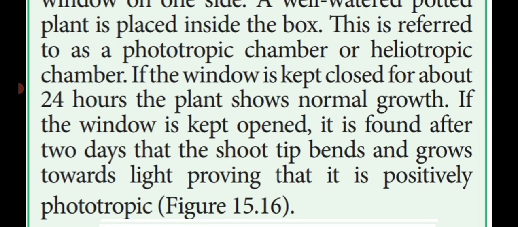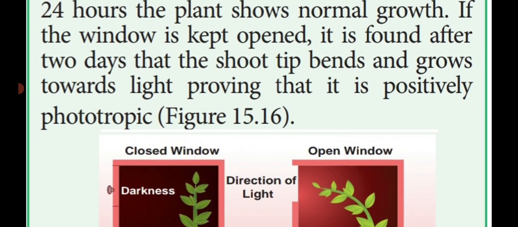If the window is kept closed for about 24 hours, the plant shows normal growth. If the window is kept open, it is found that after 2 days, the shoot tip bends towards and grows towards the light coming through the window, which is said to be positively phototropic.